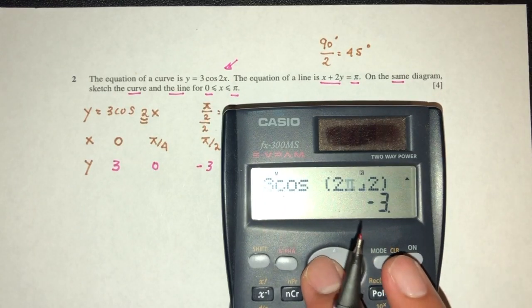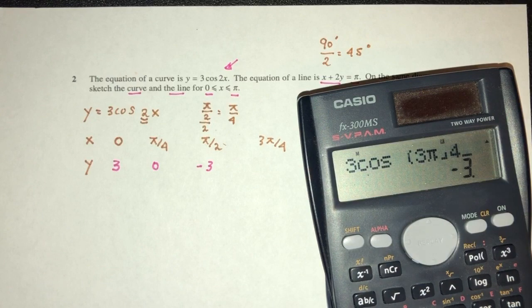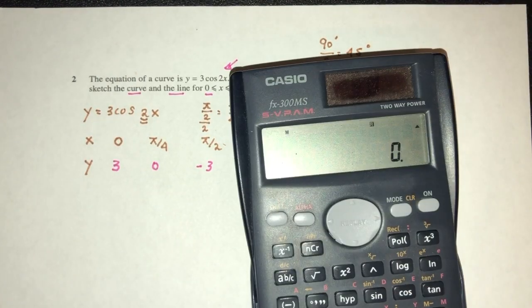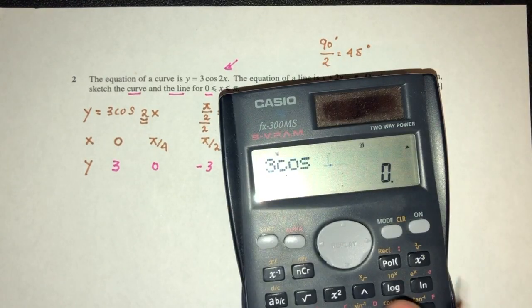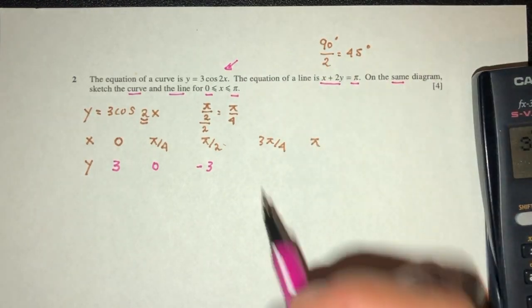Here we have 3 pi over 4. I'm missing 2 again, my apologies. So you have 3 cos, 2 times 3 is 6 pi over the value of 4. That will be 0.